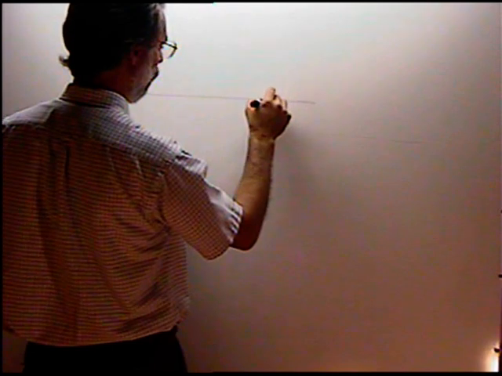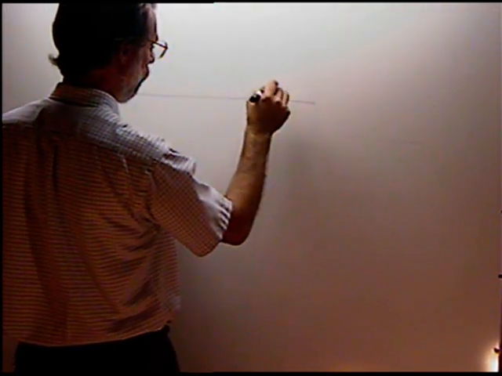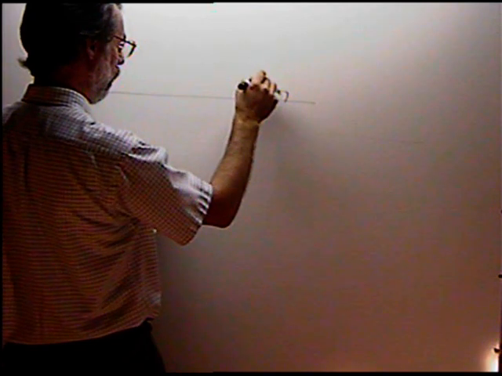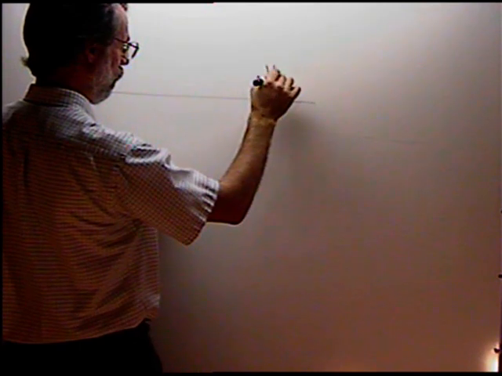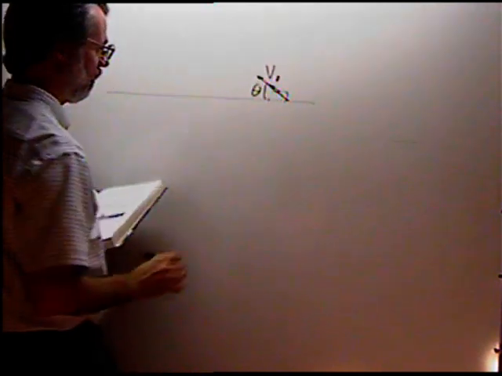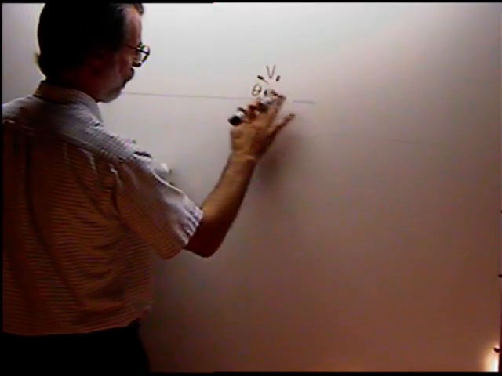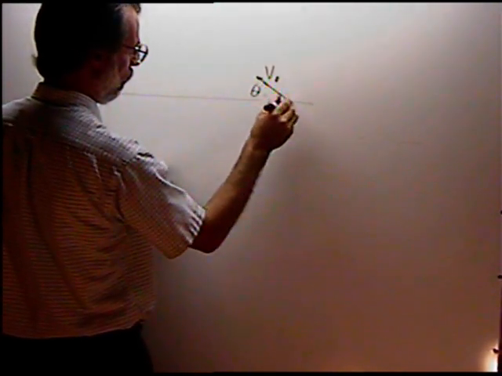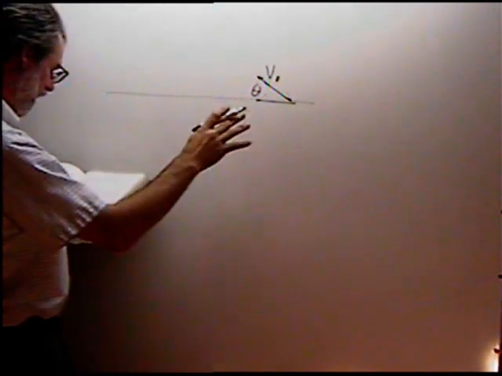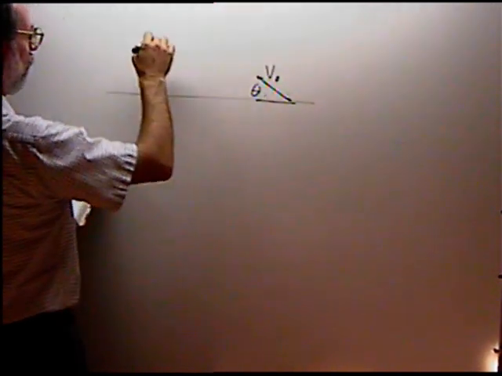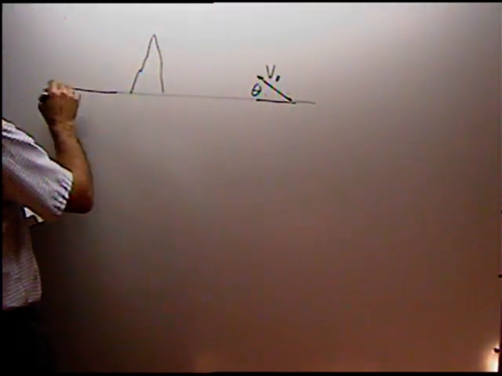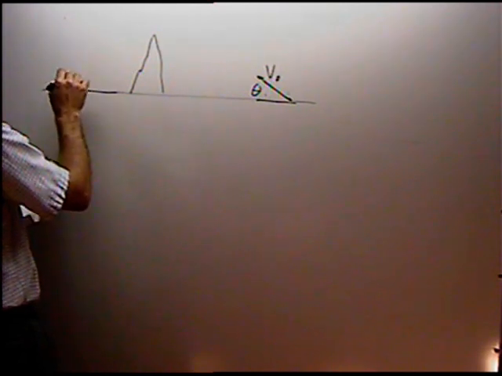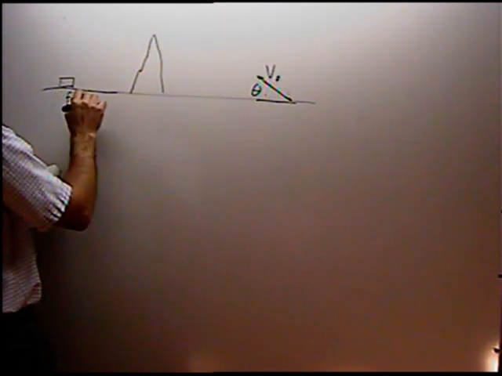So here's a ship, and it's shooting a gun, and it fires at a certain angle. It's kind of a bad drawing here. It fires its cannon, and there is a mountain range right here. And here's the factory over here.